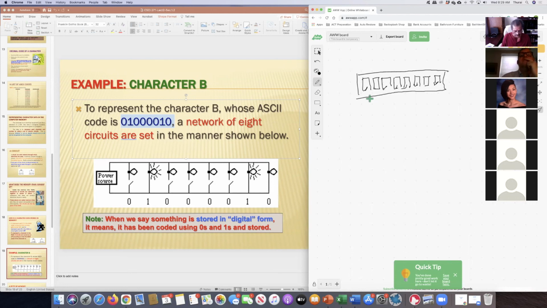The job of the key B on the keyboard is to set the memory this way. Exactly, 1 byte of memory will be set on and off according to this picture by the key B. So every key in the keyboard is designed to set ASCII codes in the memory according to those keys. That's their job. All right, moving on.